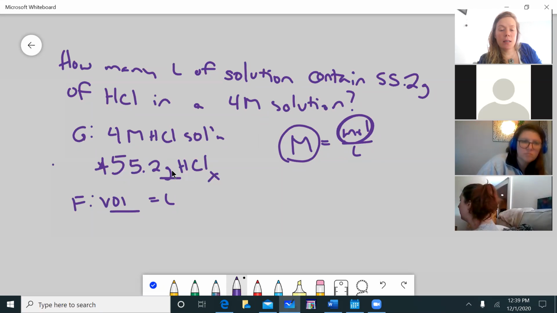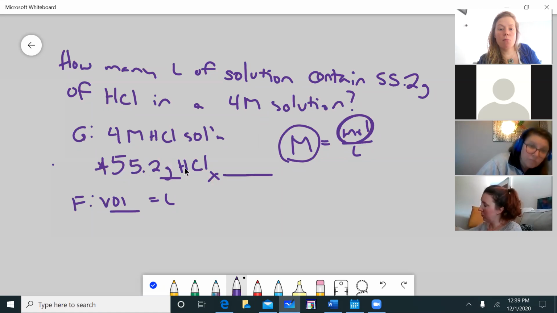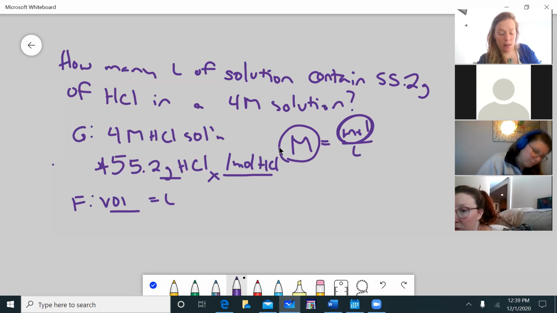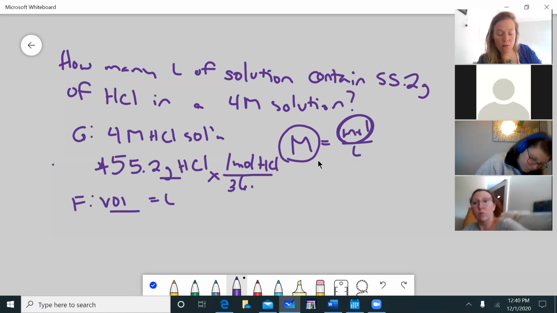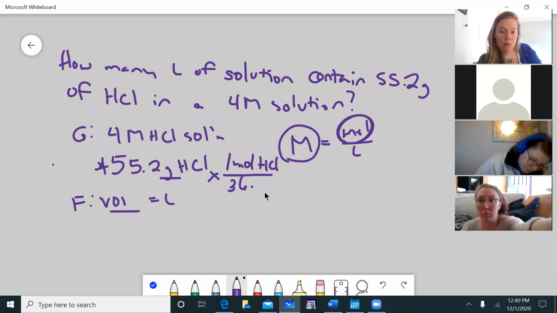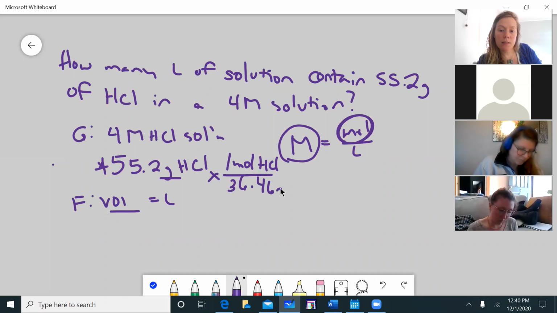So if we take this mass here and we use our molar mass of HCl, we know that 1 mole of HCl is equivalent to 36.46 grams of HCl.